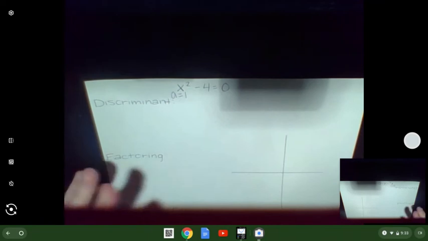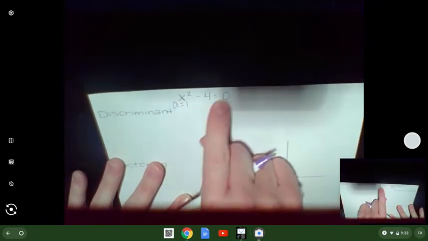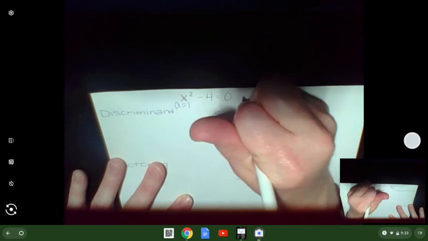In order to do a lot of this, it's really helpful to identify our A, B, and C values. We know A is the number in front of x squared. I see nothing in front of x squared, so A is 1. X squared exists, so it's not 0, it's 1. Now, B is typically the number in front of x. And if you notice, we have no B term.